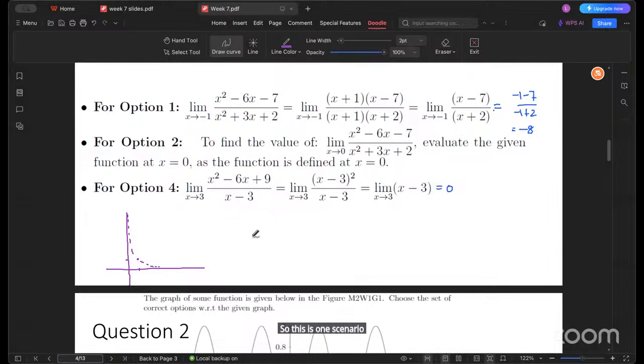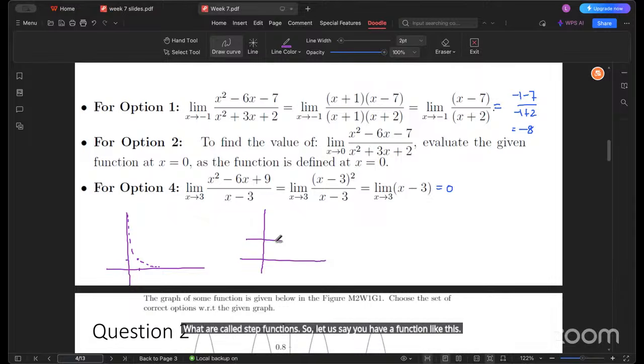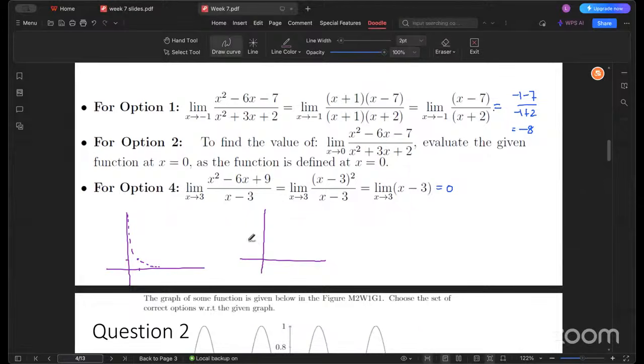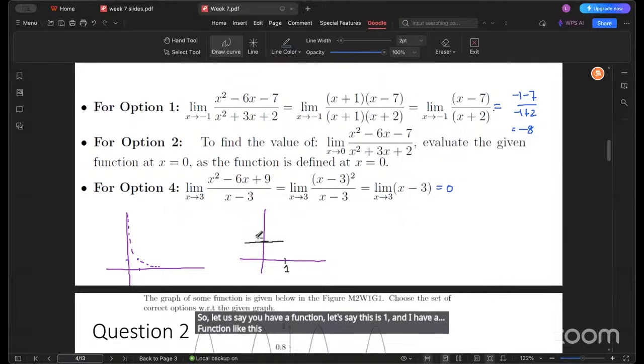The other scenario is that we have to look at what are called step functions. So let us say you have a function like this, where I don't want to use the same color, maybe. Let us say this is 1, and I have a function like this. This is 1, this is 1.